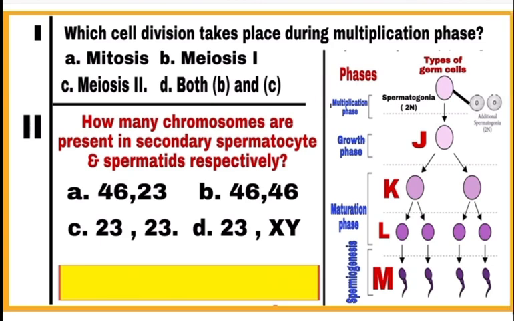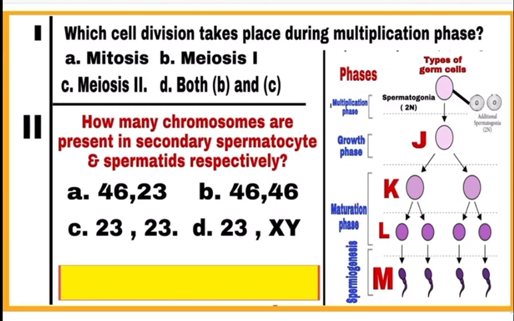See the diagram carefully. In multiplication phase, the primary germ cells, spermatogonia, divide several times mitotically and produce large number of spermatogonia. So, option A, mitosis is the correct answer, which takes place during multiplication phase.